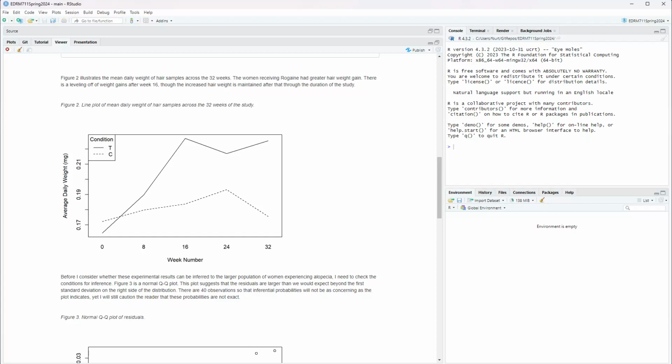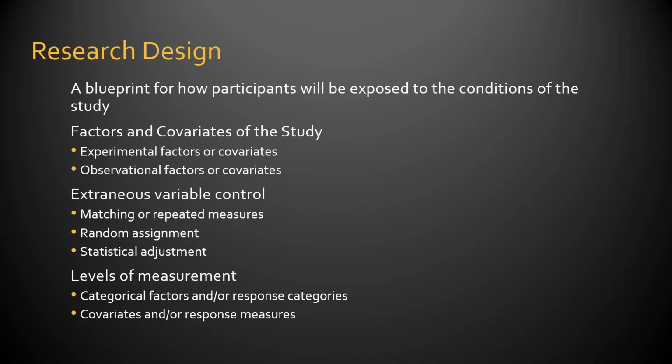So for the general linear model, you can have categorical factors or quantitative covariates on the explanatory side, but you only have quantitative response measures. If you turn it into a categorical response measure, that is categories, these response categories, then that would be considered a generalized model.